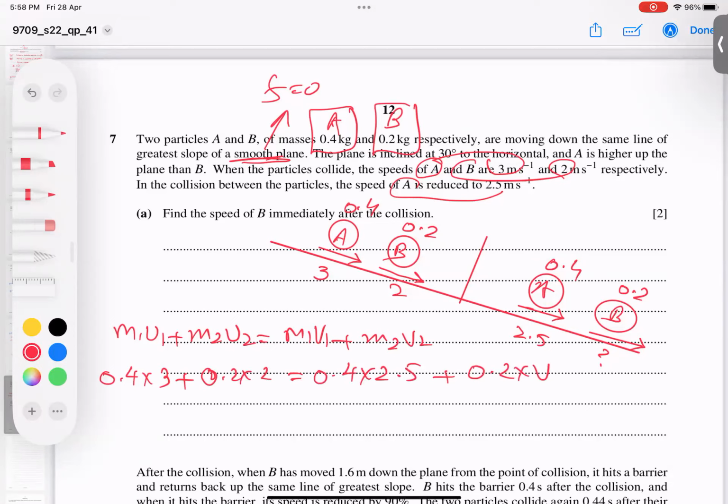Left side: 0.4 into 3 plus 0.2 into 2 gives 1.6. Right side: 0.4 into 2.5 is 1. So it becomes 0.6, and 0.6 divided by 0.2 gives 3 meters per second. So the first part is very clear, and I'm getting the answer: 3 meters per second. So the B particle is done.